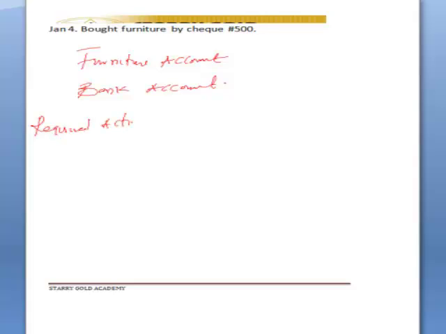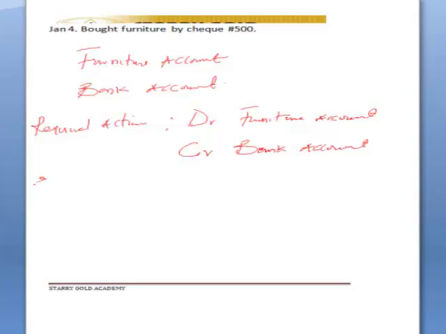Furniture is receiving, so we shall debit the furniture account, then credit the bank account, because the bank account is giving out the money.